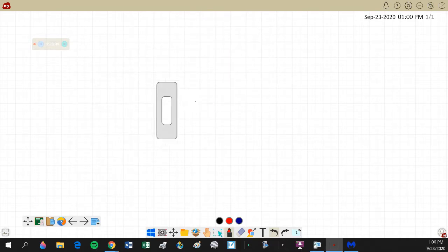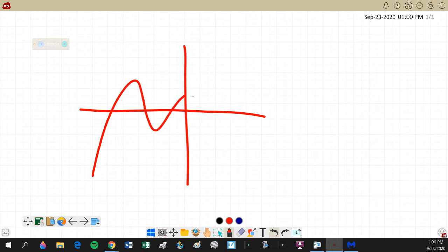Now, if I have a graph like this, and it hits the x-axis a whole bunch of times, where do those numbers show up in the equation? Well, let's do this.